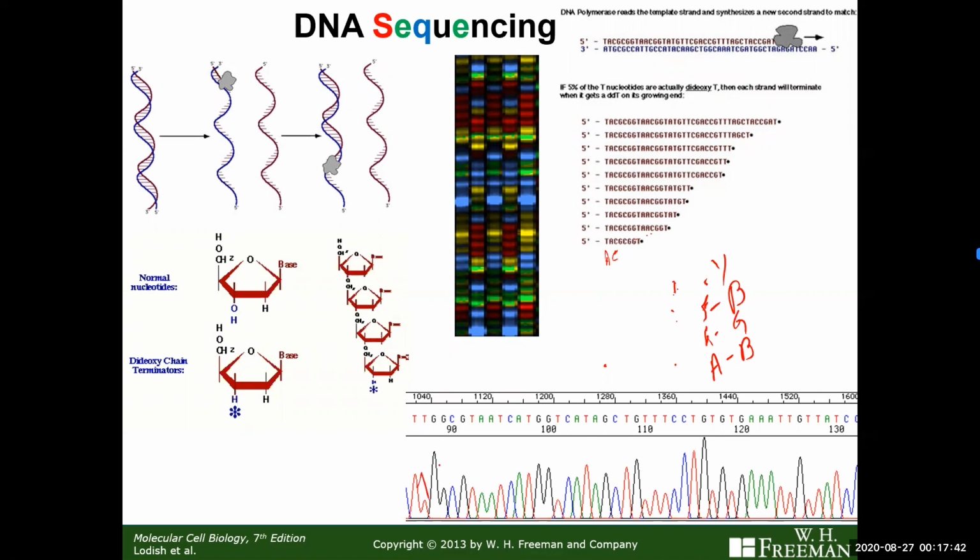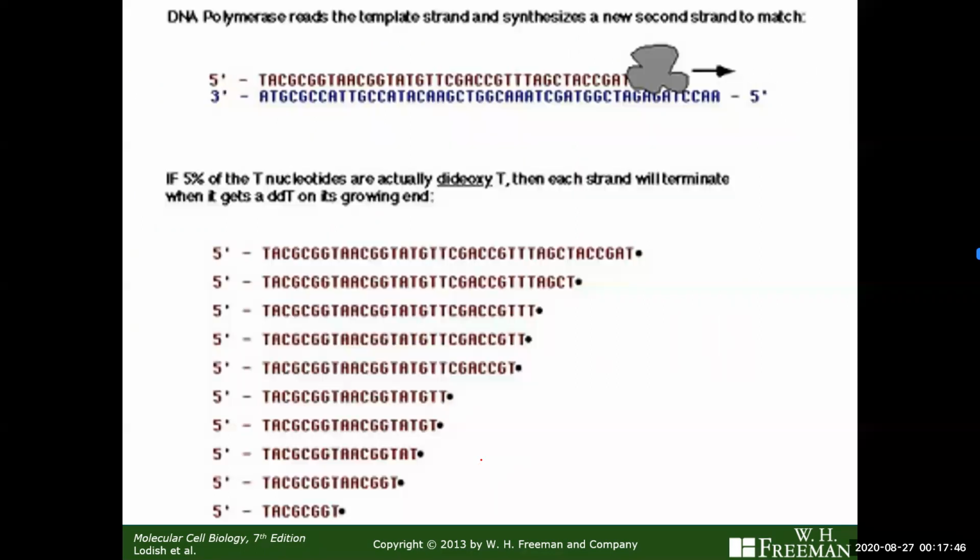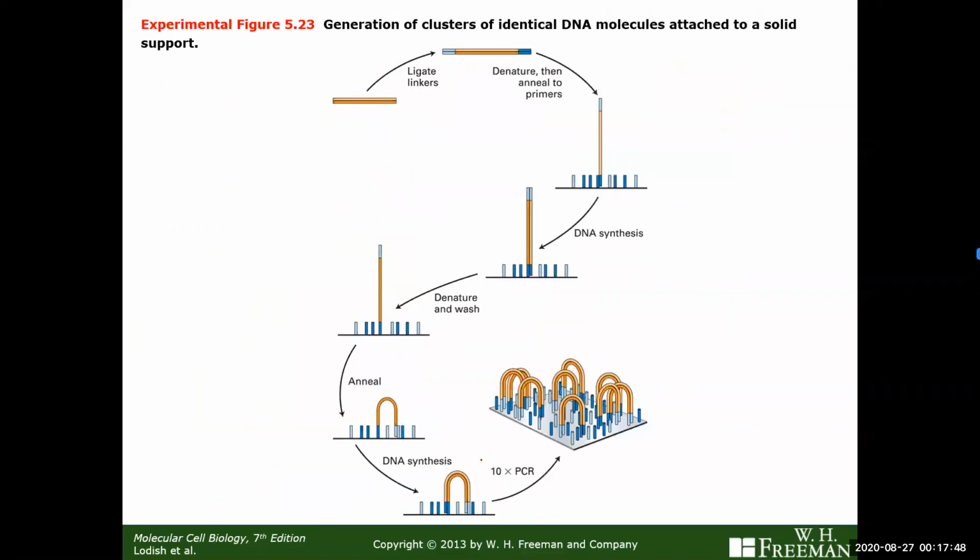So you will get all sorts of extra peaks here, and it will be all jumbled up. But in next generation sequencing, we now have the ability to sequence billions of fragments simultaneously in the same reaction mix.